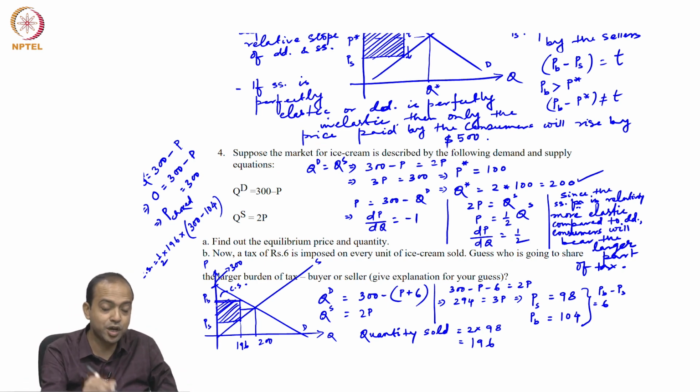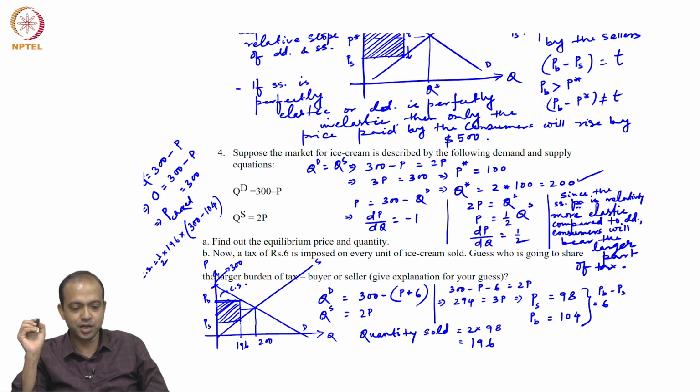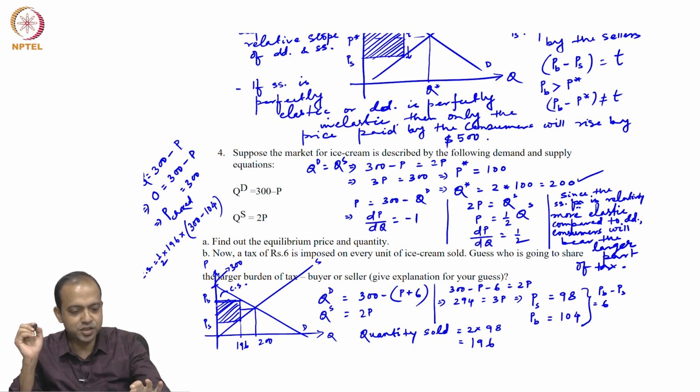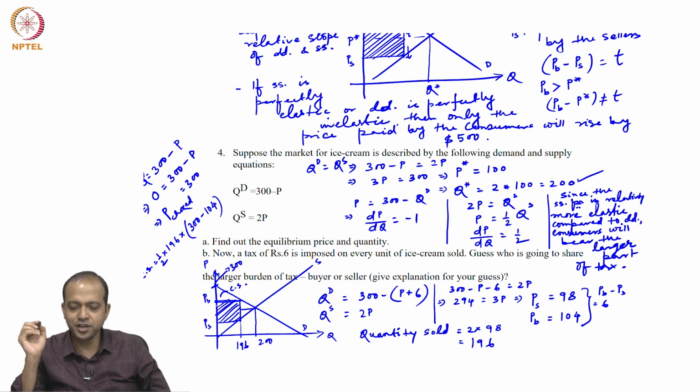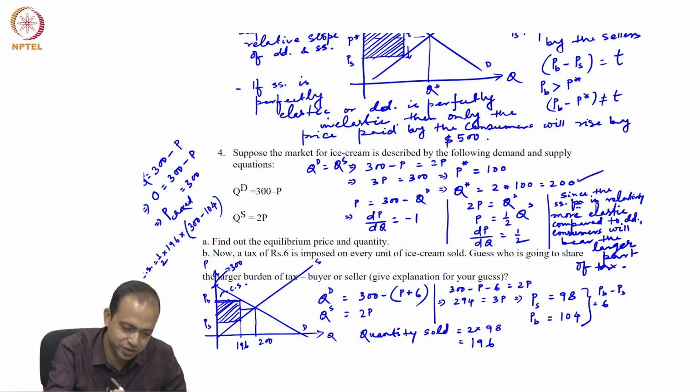To find the height of this triangle, we need to find the choked price at which quantity demand is 0. From the demand function, if we put 0 over here, we get the choked price as 300. So, the height of the triangle is 300 minus PB, which is 104. Okay. So, consumer surplus is this.